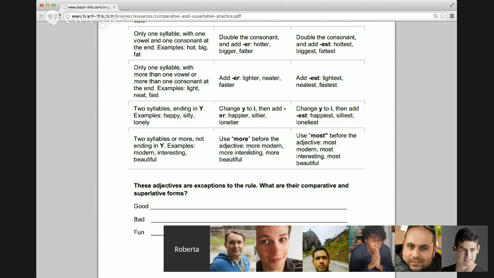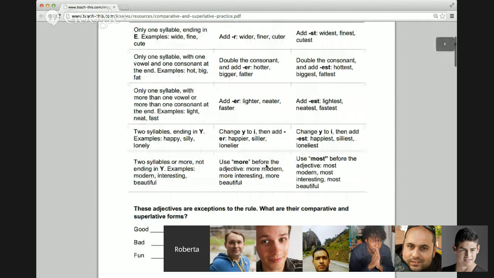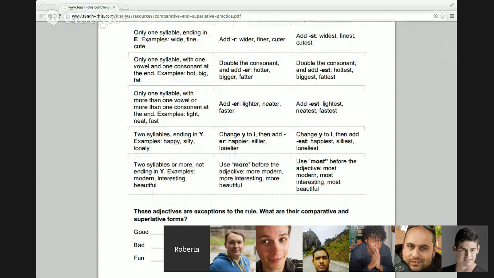So now that we know a little bit about some different rules about how to make comparisons, we're going to talk a little bit about ads. We're going to look at ads, and then we're going to look at the reality.